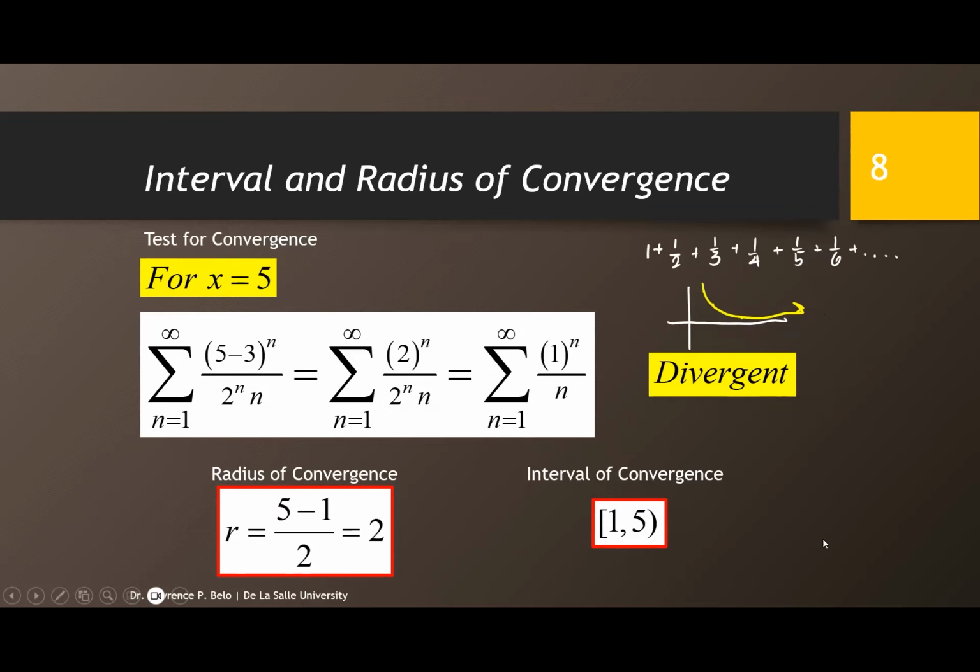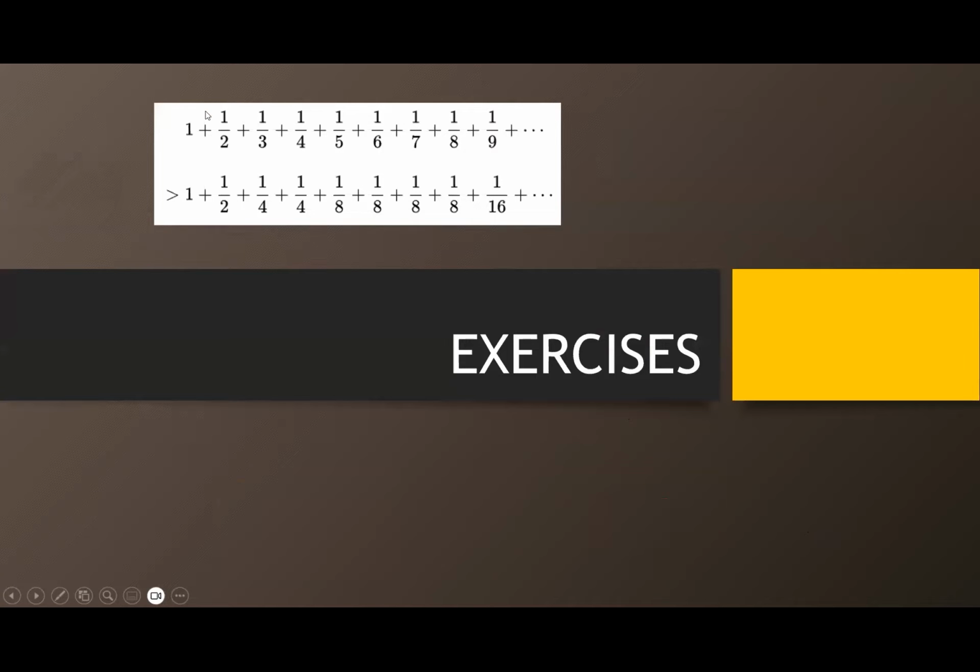Why is it divergent? Because, guys, for example, what we just had was 1, 1 half, 1 third, etc. What is 1 fourth plus 1 fourth, guys? That's 1 half, right? 1 eighth plus 1 eighth plus 1 eighth plus 1 eighth.